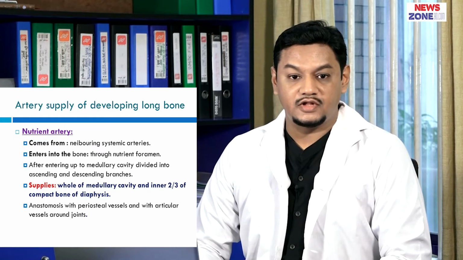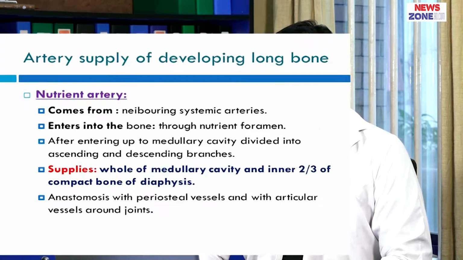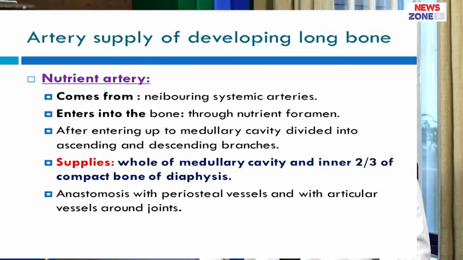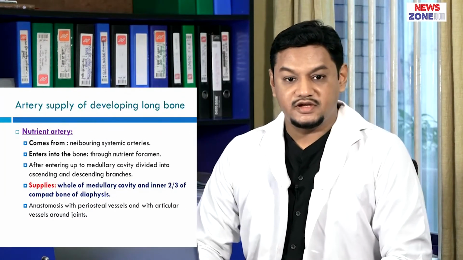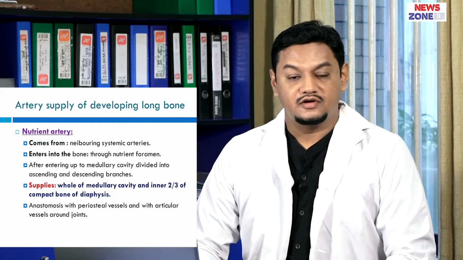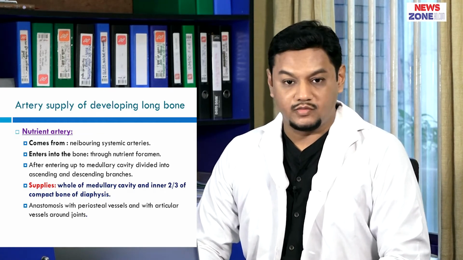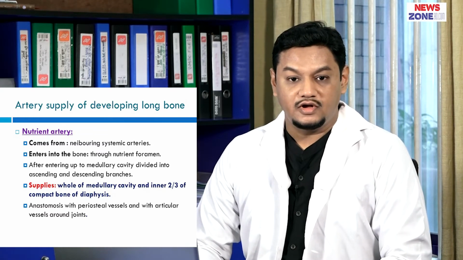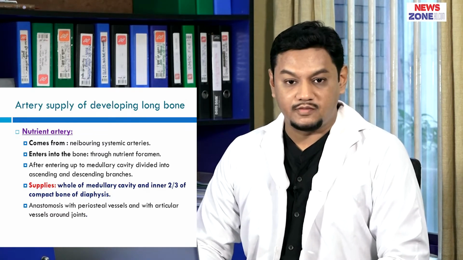After entering through the nutrient foramen, it will reach the medullary cavity. Within the medullary cavity, this nutrient artery will be divided into two parts, ascending and descending. The ascending and descending arteries will send numerous small arteries to the inner two-thirds of the compact bone. Not only that, they will go above and down and give numerous smaller branches.